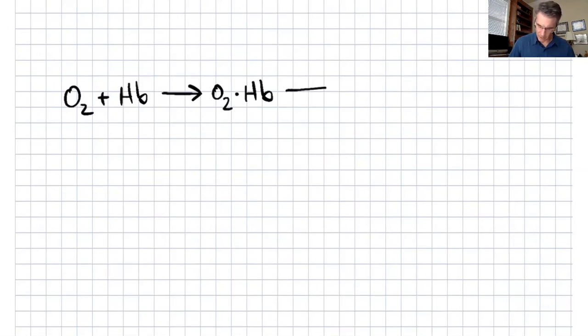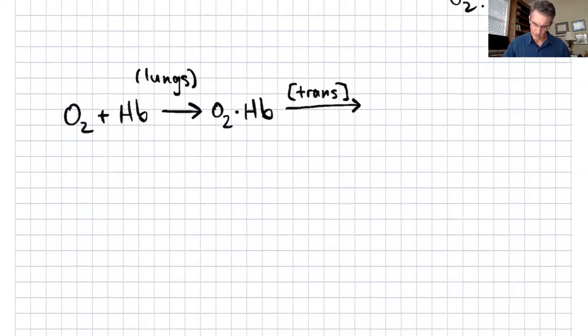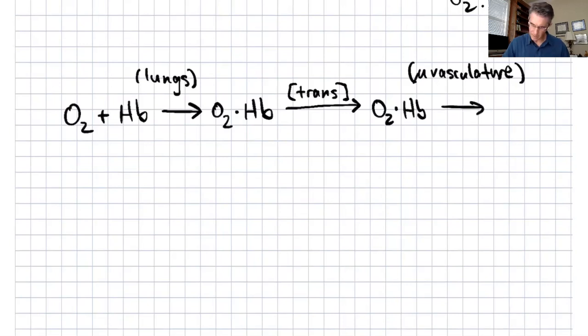This then is going to get transported by the blood from the lungs. So this is all happening, let's say, in the lungs. This is going to get transported out to the peripheral tissues, so the microvasculature, in the peripheral tissues, where we're going to have this hemoglobin oxygen complex that will then dissociate into oxygen and the hemoglobin.